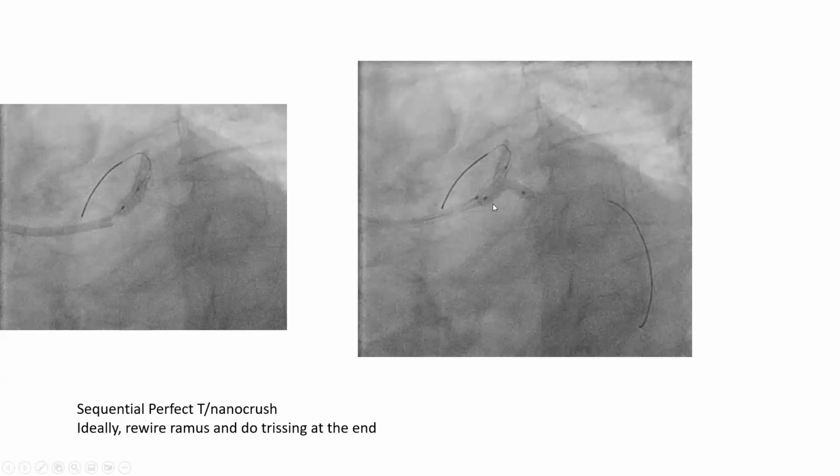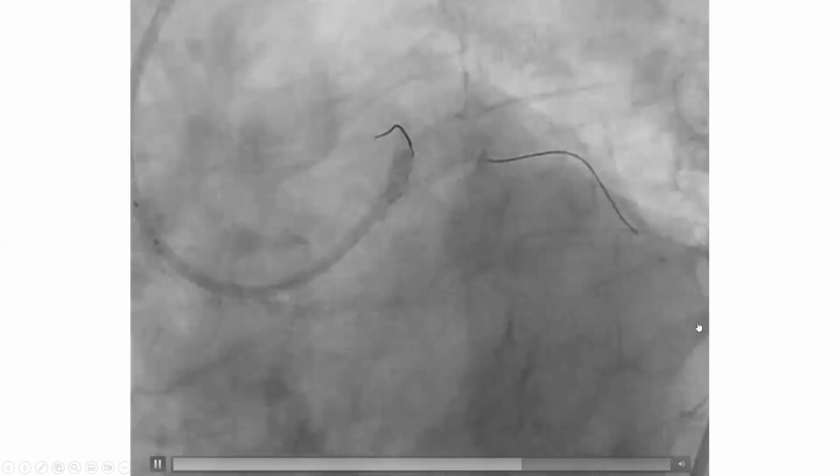Ideally, you would also rewire the ramus and do trissing at the end. Because you've done sequential perfect T's here with nano crush, you have very little stent overlaps and protrusions, and you should be able to rewire that ramus through really just 1 to 2 layers of stents. And this is the final result. Great result.